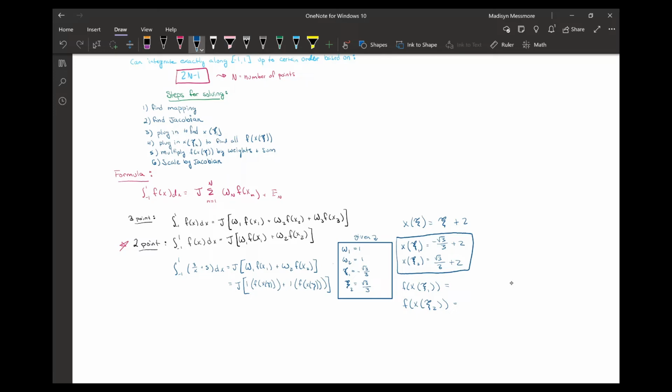So this is 7.1087. And this is 6.1639. So those are those values. Our weights are 1 on both.